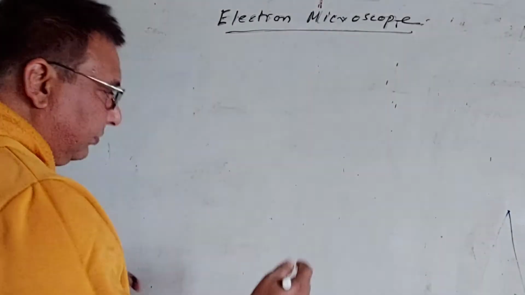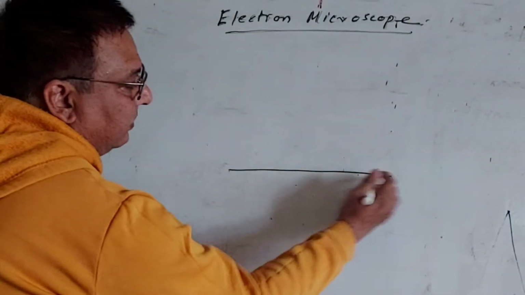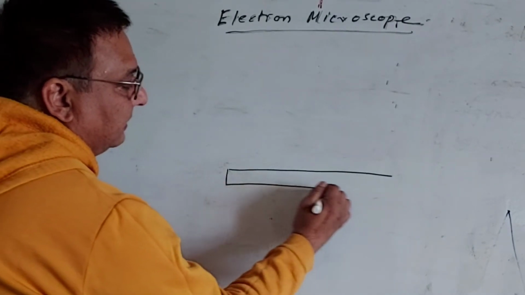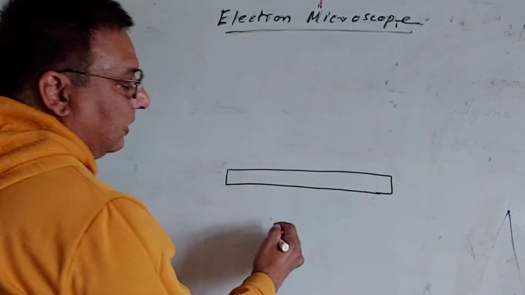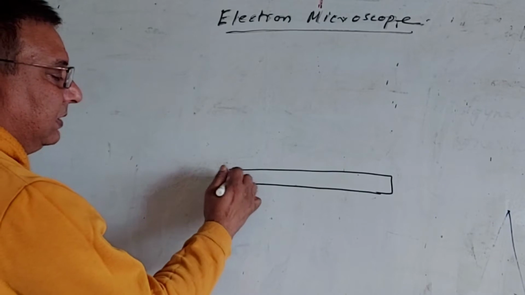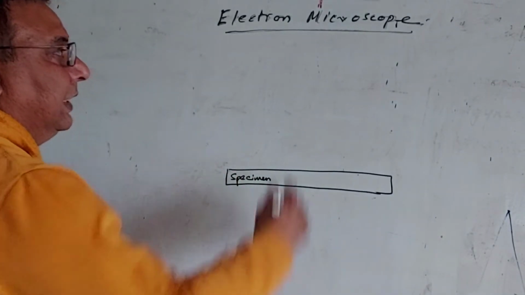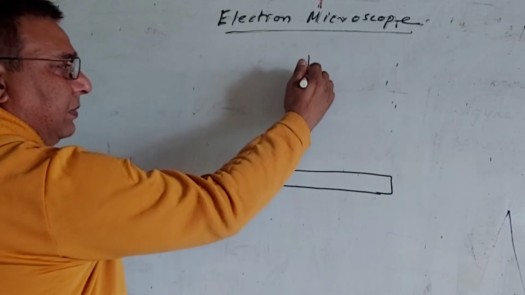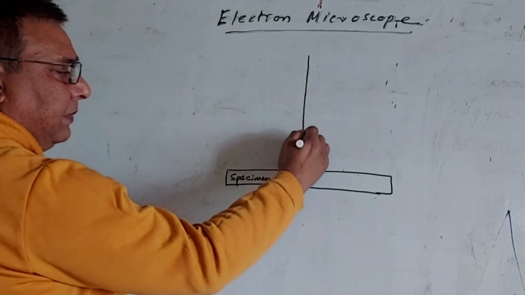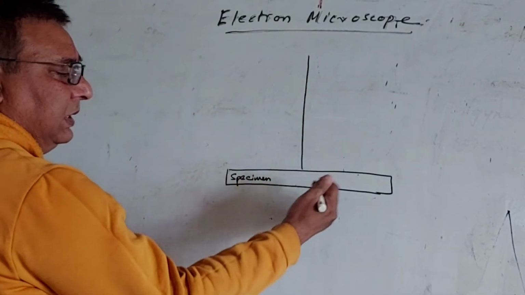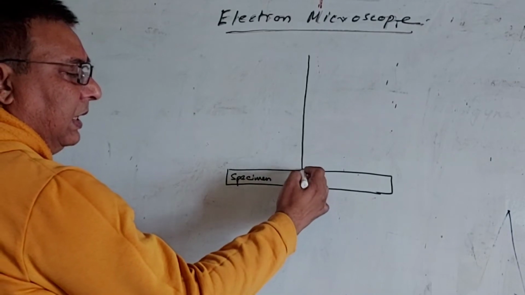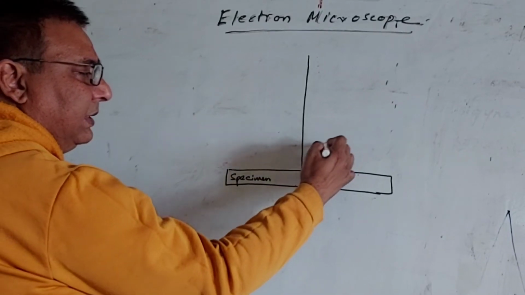So, say here is your specimen. Okay, so this is the specimen. The electron beam is coming from upward down, and after hitting it, it gets reflected.